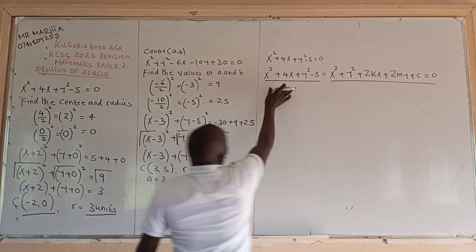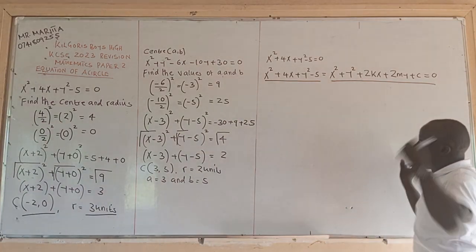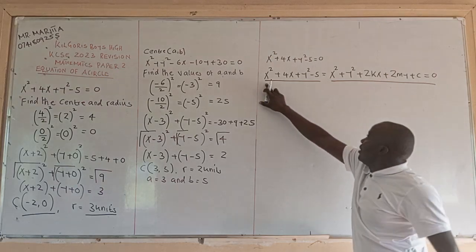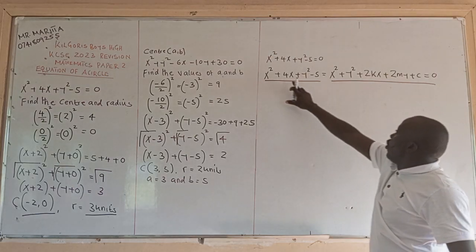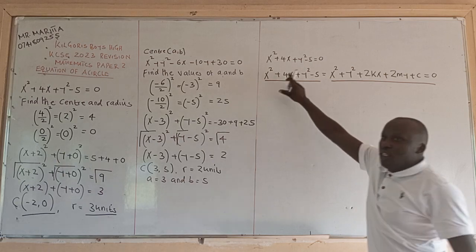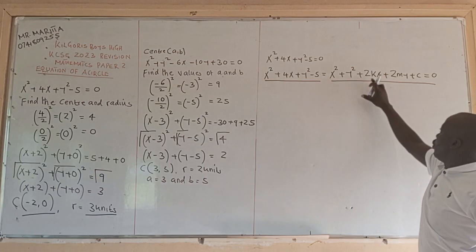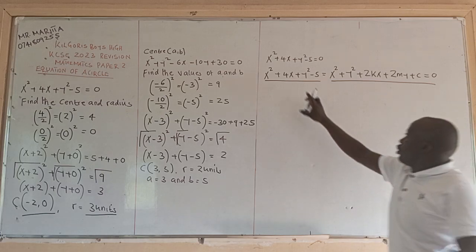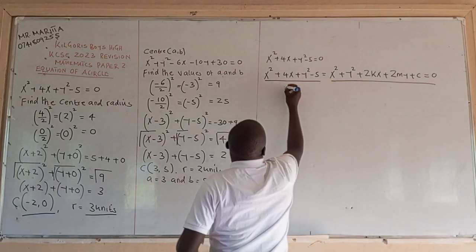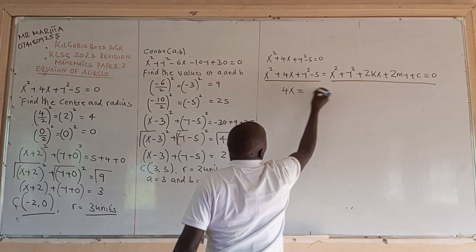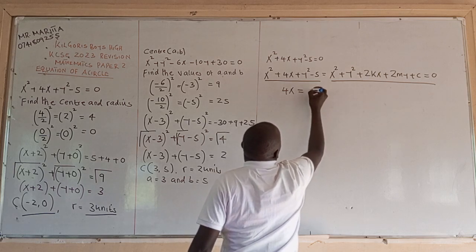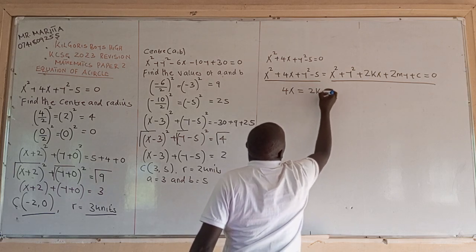When you compare the equation here and the general equation of a circle, we have x squared, then we have x squared. We have 4x, and this corresponds to 2kx. So you correspond 4x to 2kx.